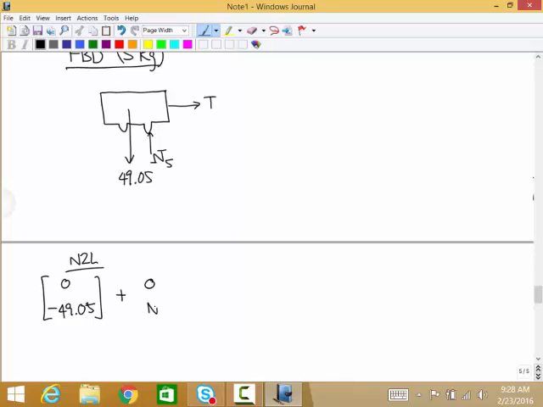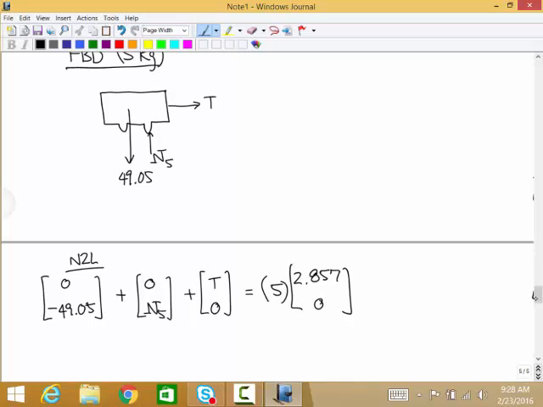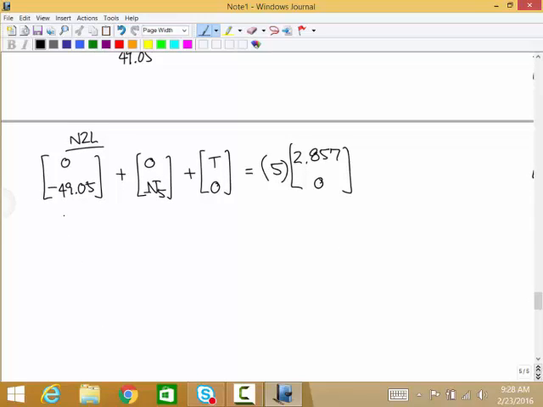Plus 0, N5, plus T, 0 is equal to the mass, 5, times the acceleration vector that we got before, 2.857, 0. This vector is the force on the 5 by the cable. That's what we're trying to find.